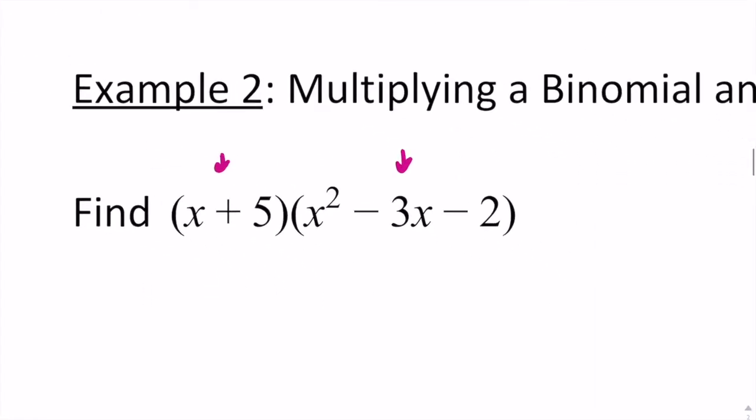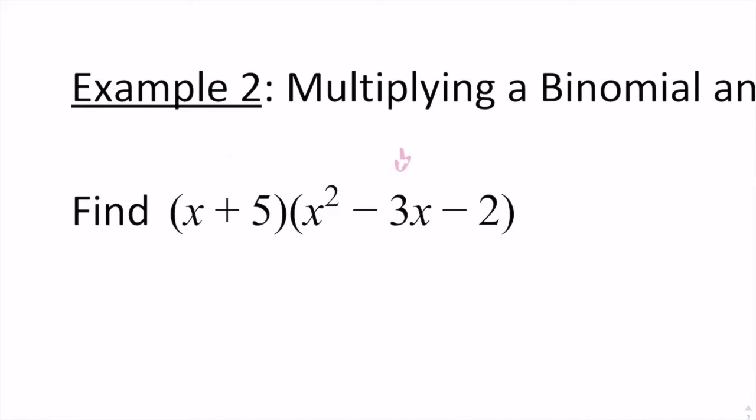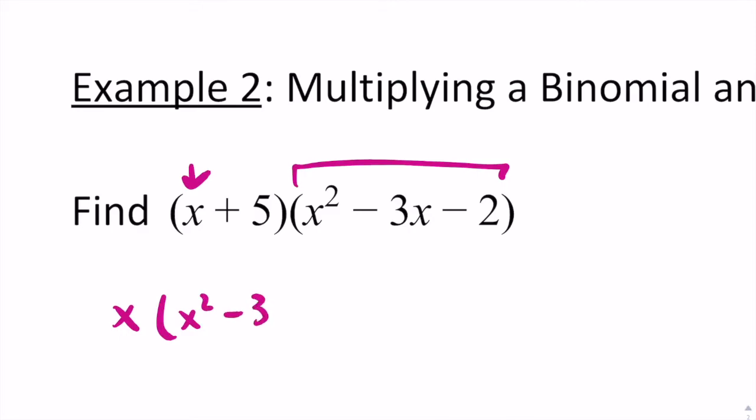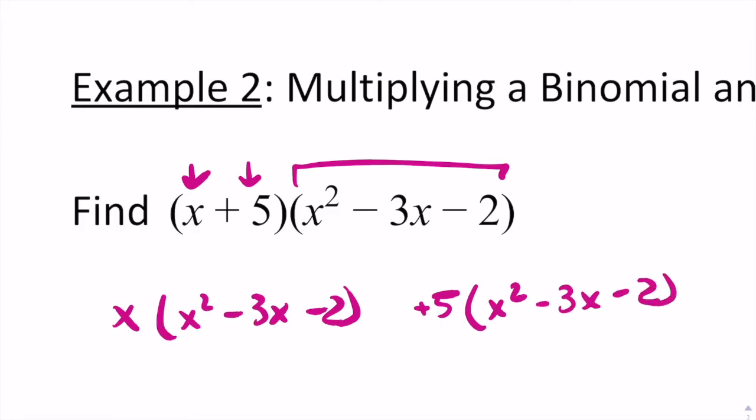When I do this, you're taking this term right here and distributing it to all of this, x squared minus 3x minus 2. Then I take this term, positive 5, and I do the same thing, distributing it to x squared minus 3x minus 2.